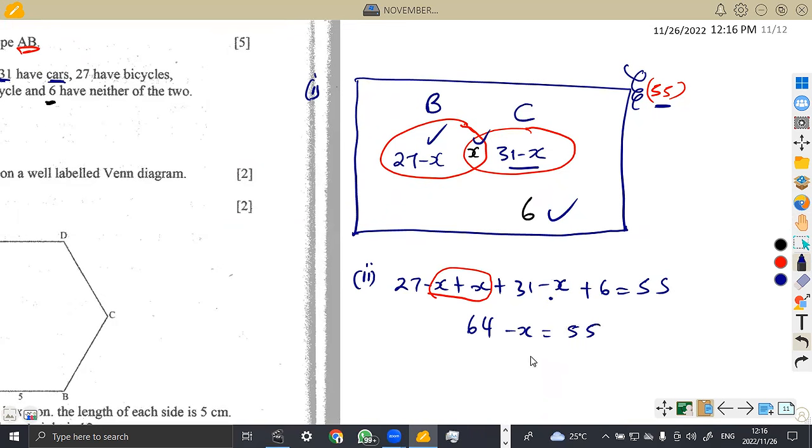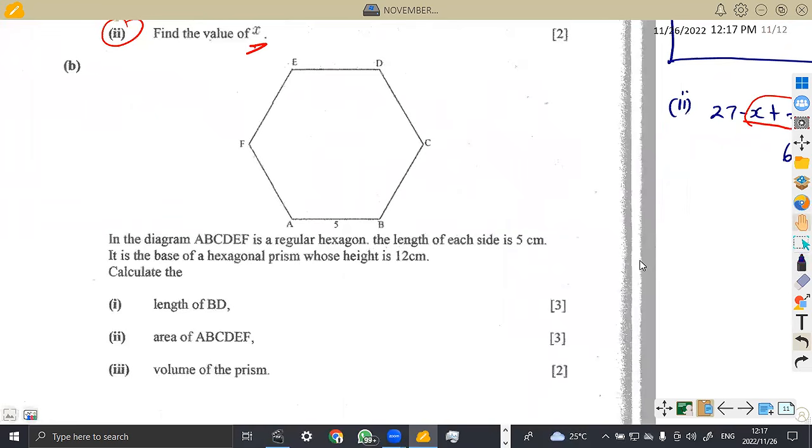So to find X, we can transpose: 64 minus 55 is equal to X. If we transpose this here, it's going to be positive 55, and this side is going to be negative. So 64 minus 55, that's 9. So our X is going to be 9. So therefore, this X is going to be equal to 9. So subtract properly, guys, and see if you're obtaining the same thing.